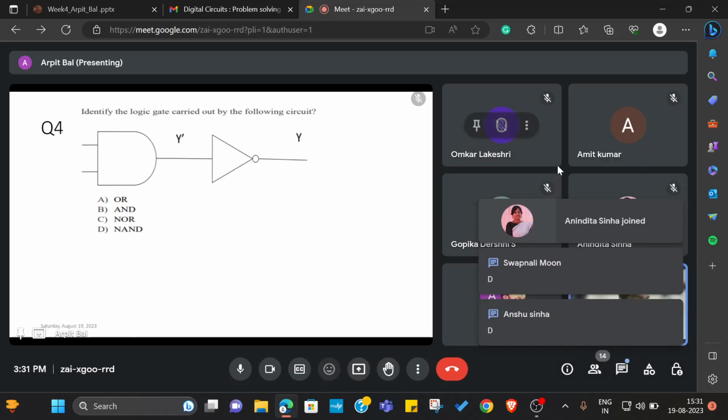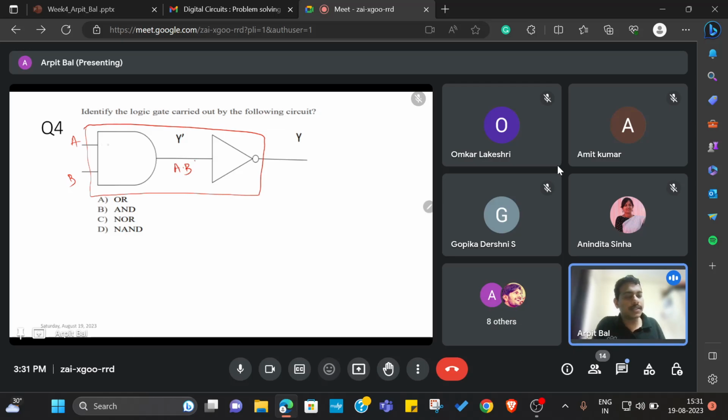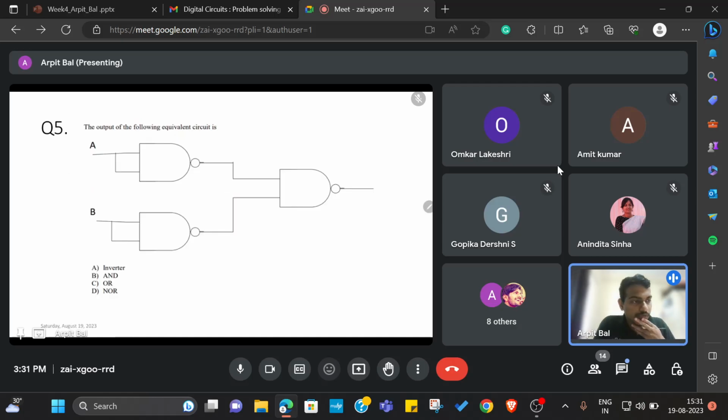Okay, yeah, so everyone is correct. You can see this is an AND gate. Here you don't even need to do the expression finding for each and every node, because you can see it's an AND gate, and after that there's a NOT gate. So this is basically an AND gate. Okay, this was an easy one. Okay, so moving on to the next question.